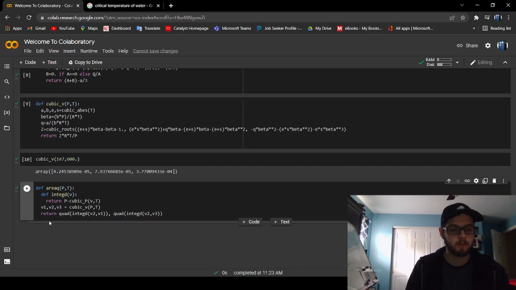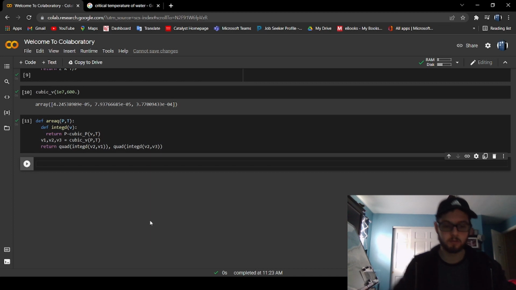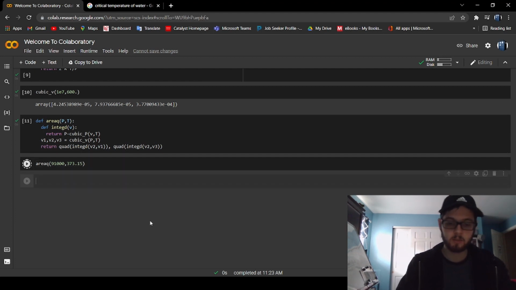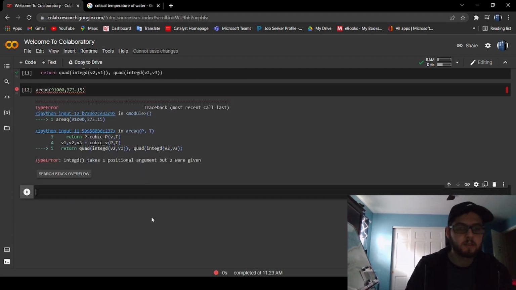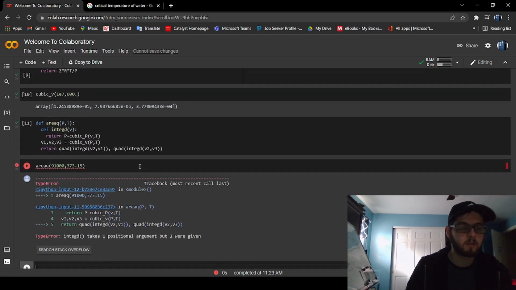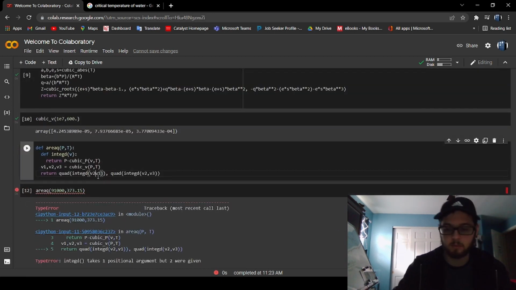Go ahead and run that, and then test it out using the values 91,000 pascals and 373.15, and shift enter. Okay, so let's try the minus then, because that's probably what it is.